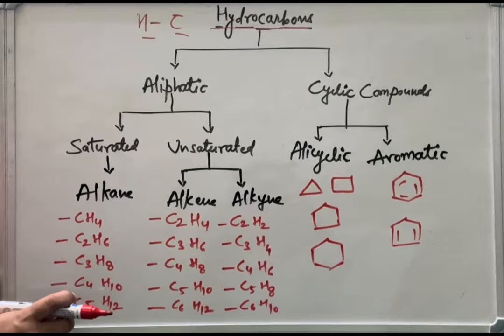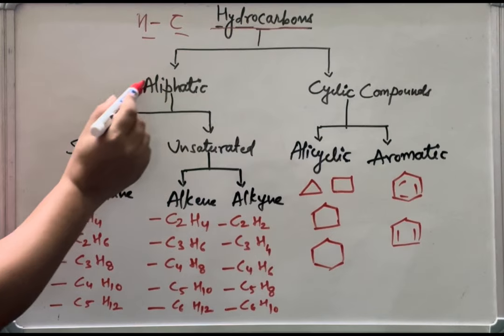That means if a compound only contains carbon and hydrogen atoms, it's called a hydrocarbon. For example, methane, ethane, propane, butane. Hydrocarbons are mainly found in petroleum, natural gas and coal. They are very important because they are used as fuel, solvents, raw material and chemicals.